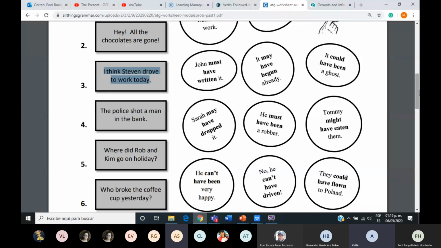And then, no, he can have driven. Muy bien. So number 3 is no, he can have driven. Like, no es posible que él haya manejado. Maybe he was sick, or maybe he's injured, or maybe he doesn't have a car, or whatever. No pudo haber sido. Then we have, the police shot a man in the bank.